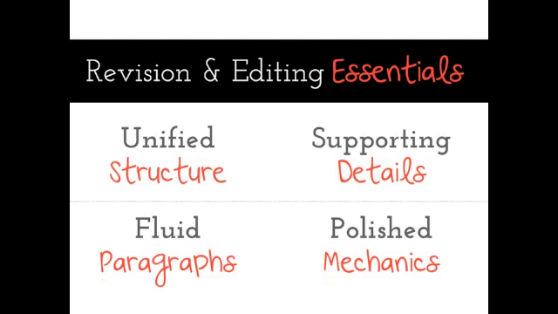The 4 areas that are important to revise are the structure of the overall piece of writing, the use of supporting details, the connections or fluidity between paragraphs, and the grammar or mechanics.